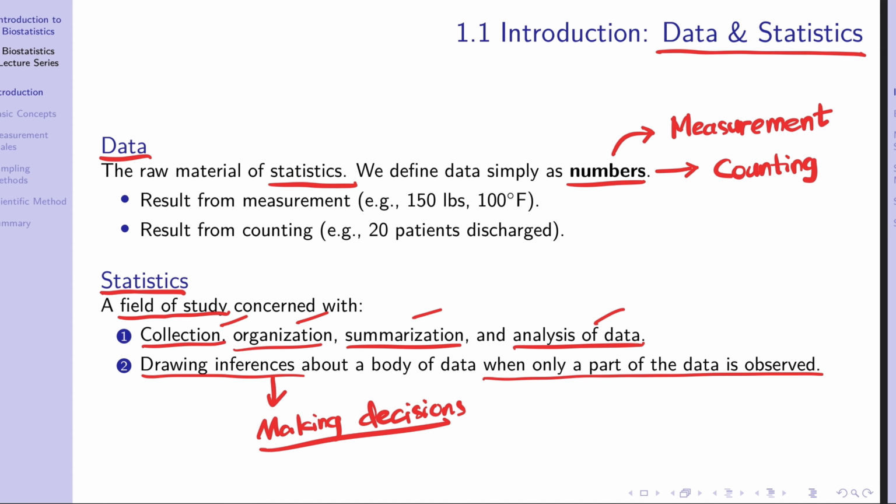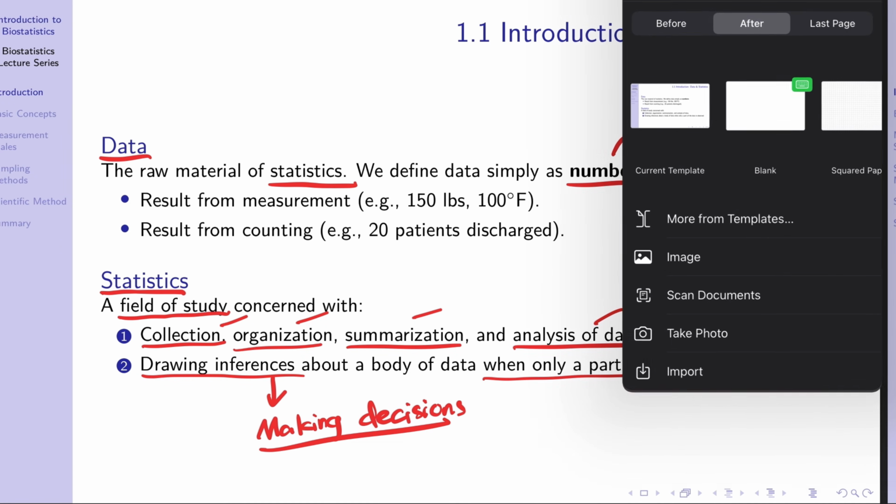The reason for this is, say for example, we take a population, and we want to make some decisions for the population. Say you want to know whether a drug is particularly effective on a population.